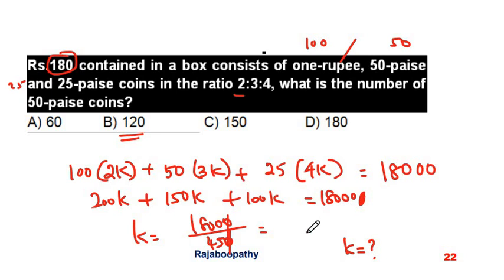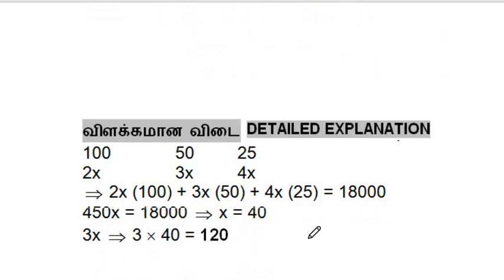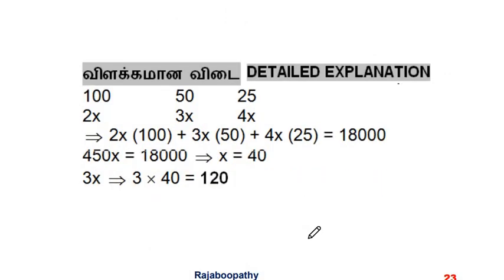So here is the detailed solution. We have found K is 40. So therefore the 50 paise coins are 3K, so 3 into 40, so totally 120 coins are there.